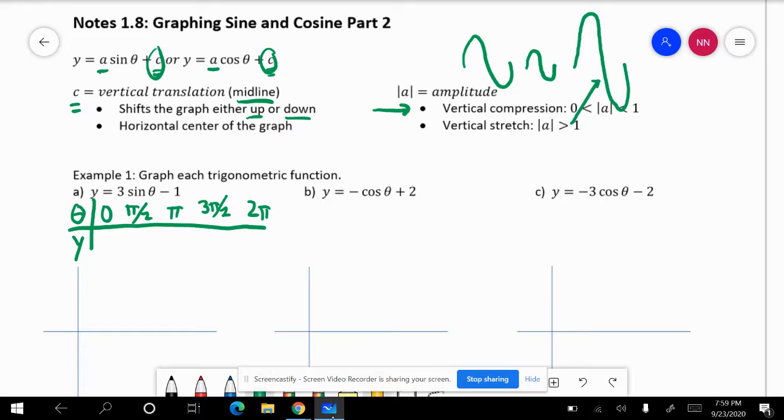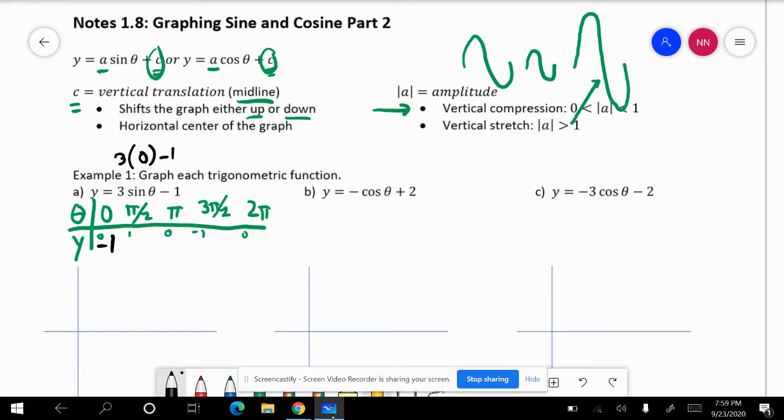Our y values for sine are 0, 1, 0, -1, and 0. This is going to help us find our y values, because when we find the sine of 0, we're replacing the sine of 0 with 0, because the sine of 0 is 0. And then we subtract 1. So that means -1 is our first y value.